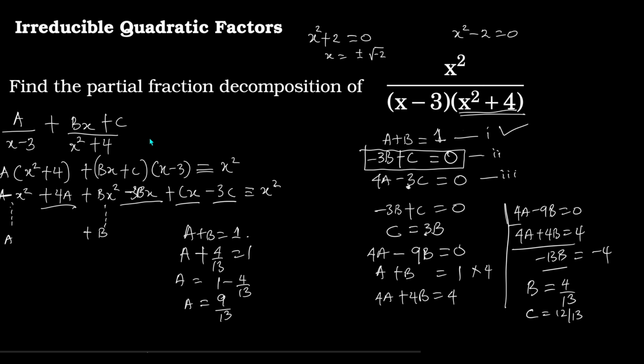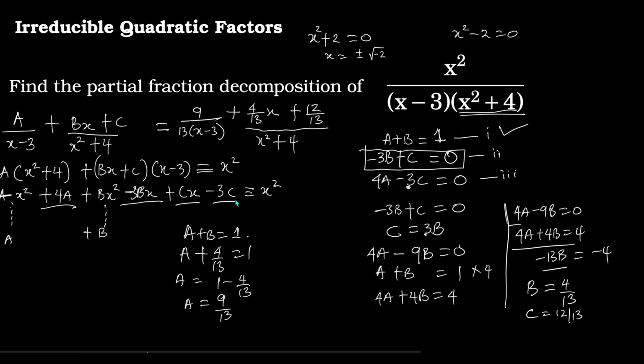So which means that this can be written as 9 over 13 times x minus 3 plus b is 4 over 13, so we have 4 over 13 x plus c is 12 over 13, so 12 over 13 all divided by x squared plus 4.